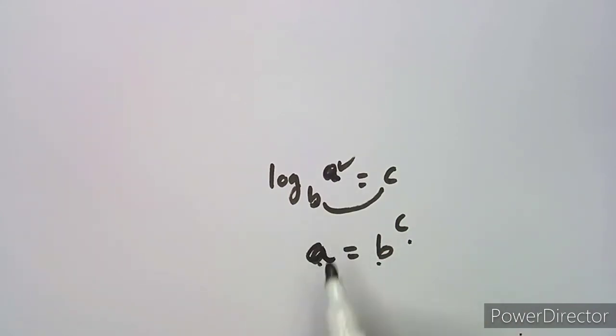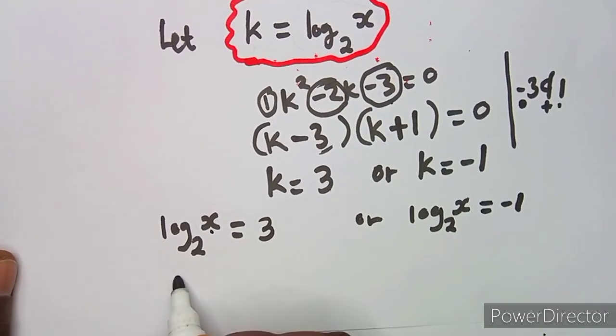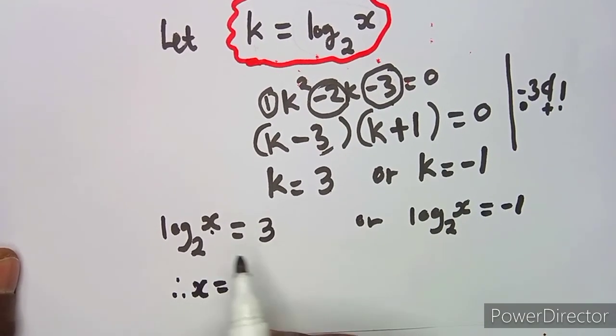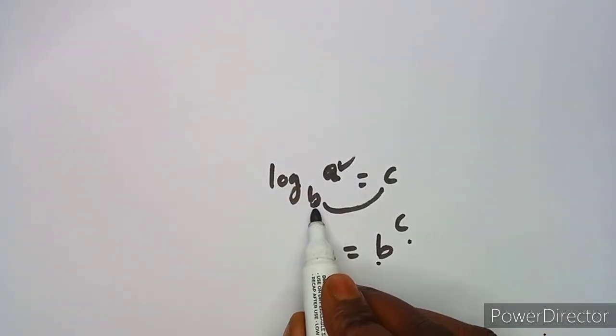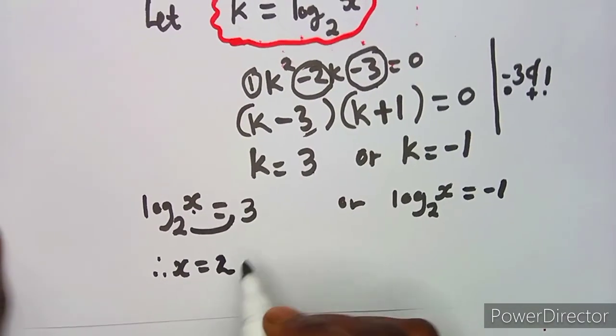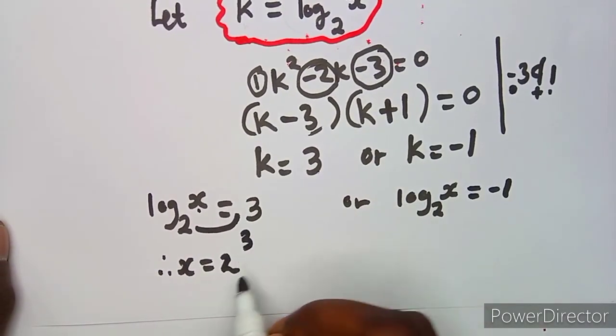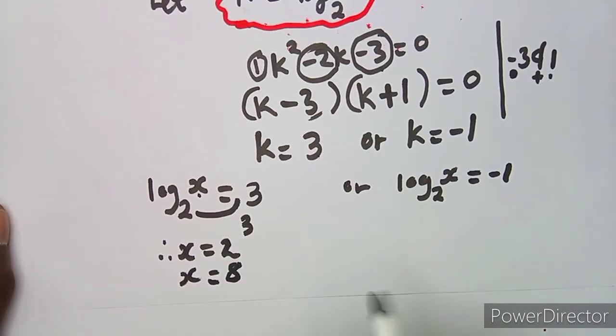ABC, ABC. So this is what we have. This is your a, which is your x here. So therefore, our x is going to be 2 to the exponent of 3, just like this. B to the exponent of c. So it's 2 to the exponent of 3, which is going to give us 8. So that's the first value of x.